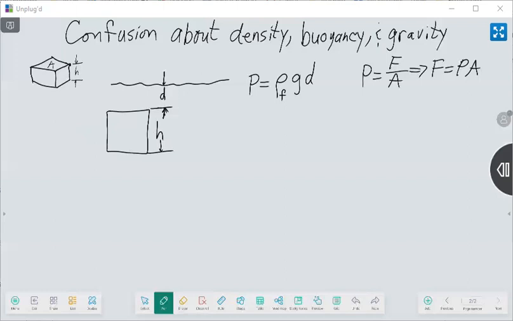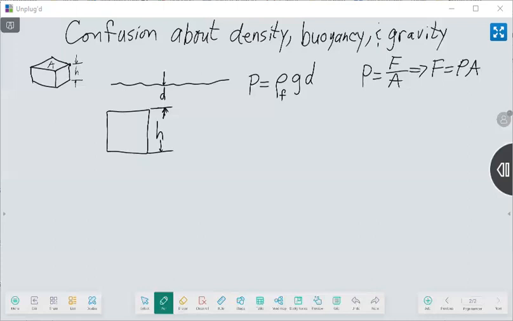So if we're just considering the forces acting on our object due to the fluid, otherwise known as the buoyant force, we only have to consider the pressure on the top and on the bottom, because everything else is equal and opposite and it cancels out.